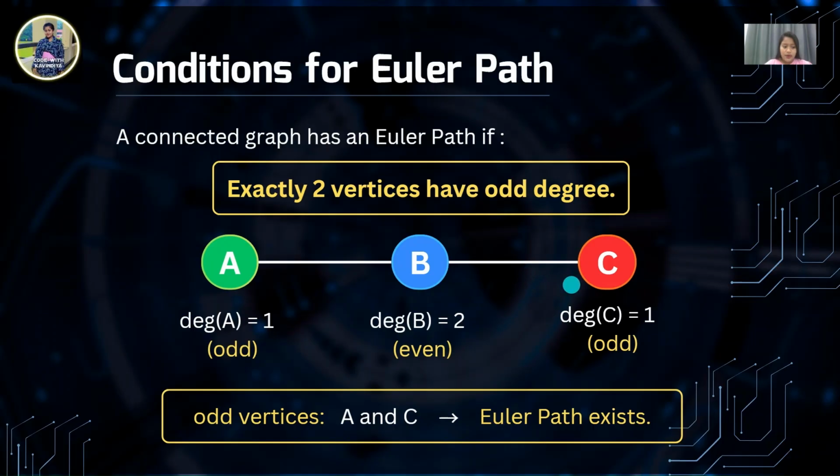Vertex C has 1 edge, so its degree is 1. Notice that A and C have odd degrees. Exactly two vertices have odd degrees. Whenever a connected graph has exactly two odd-degree vertices, an Euler path exists.